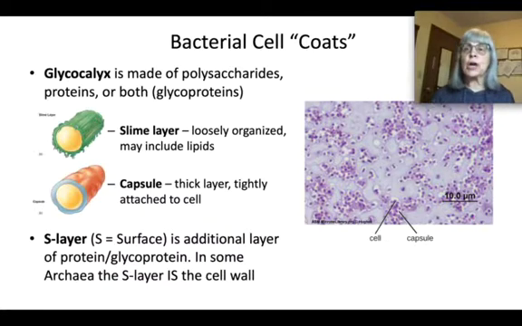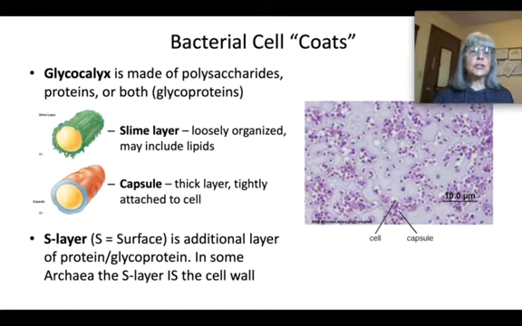It cannot be washed off, and the function of the capsule is really to protect the cell from the host immune defenses, in particular phagocytic cells that may see it as harmful and will want to attach and eat the bacterial cell. The capsule will protect it in that it actually will cover or hide any type of protein that the defense cell will want to attach to or see as foreign.